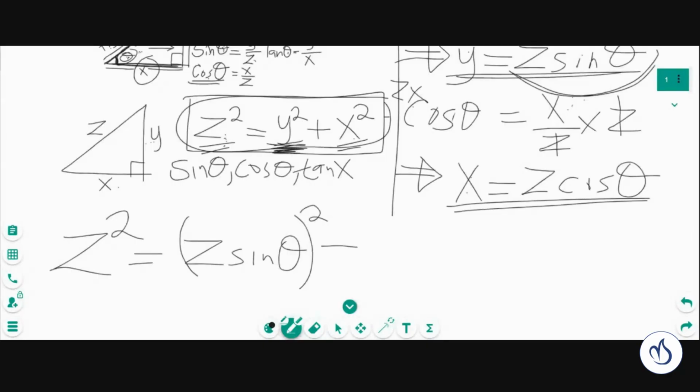Then plus X squared, but my X is Z cos theta, so I'll bring that also: Z cos of theta, all squared.